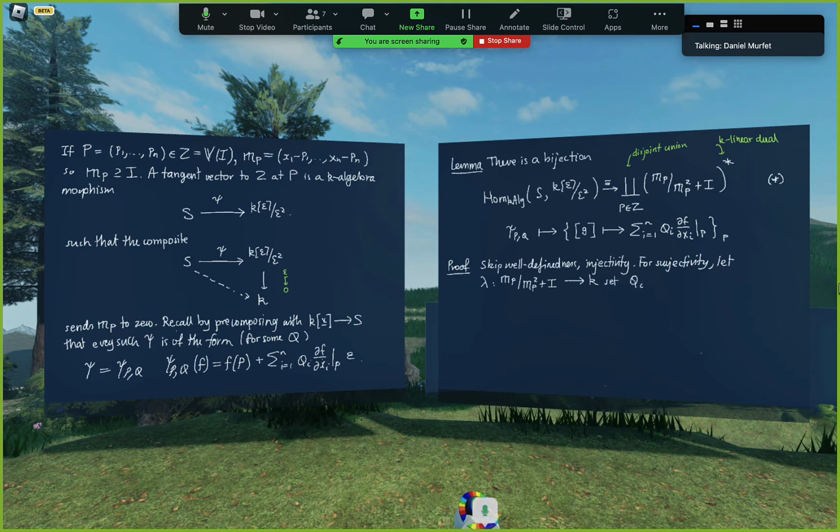And let's let qi be what lambda does to the equivalence class of xi minus pi. That's one of the generators of MP. Okay, well then take that p and that q, and I get a psi pq, and that's a k-algebra homomorphism from here to k epsilon mod epsilon squared.